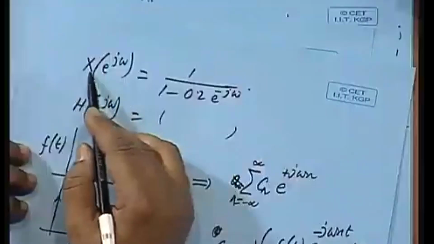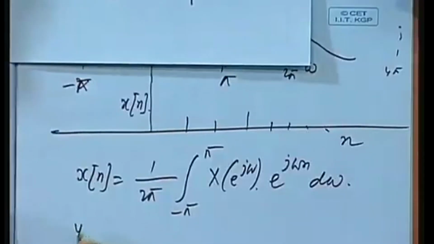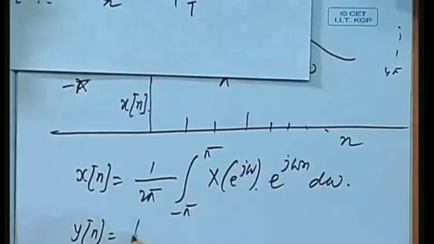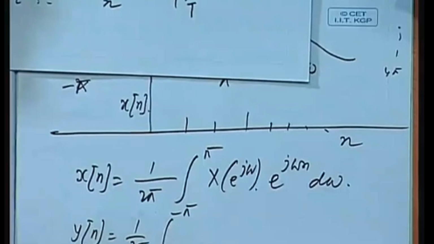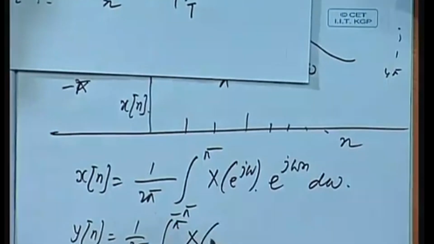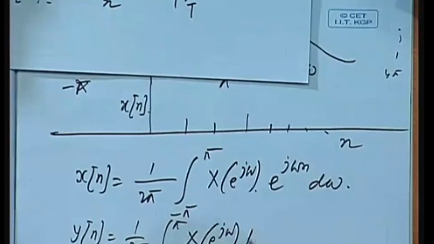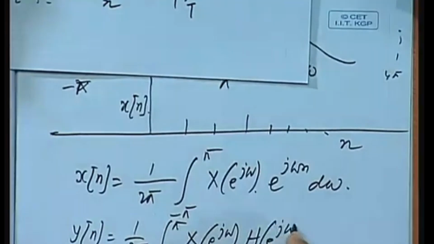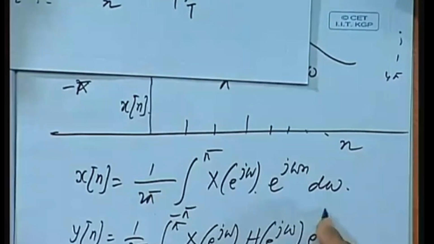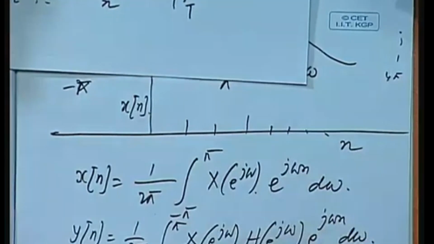So, once you have got x and h, and if they are convolved in the time domain, then in the frequency domain you just take their product to calculate the output and then take the inverse of that product, and for taking the inverse we will resort to this expression. So, our yn will be 1 by 2 pi, integral from minus pi to plus pi, of the product of X into H. All right.